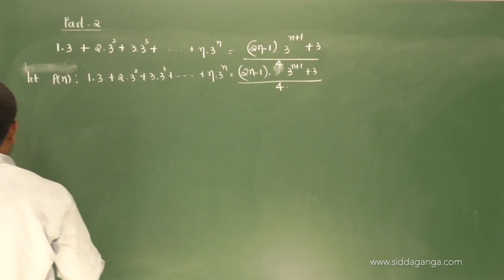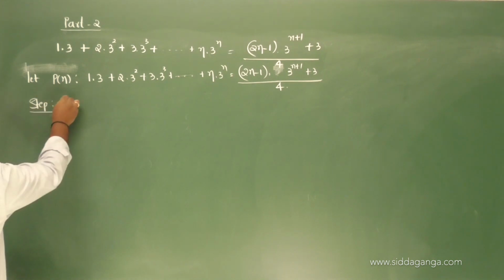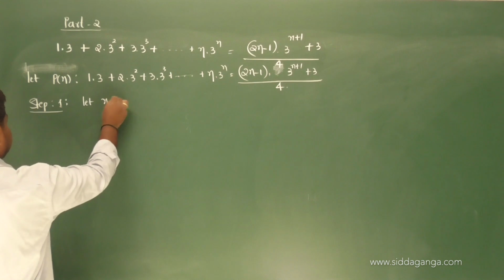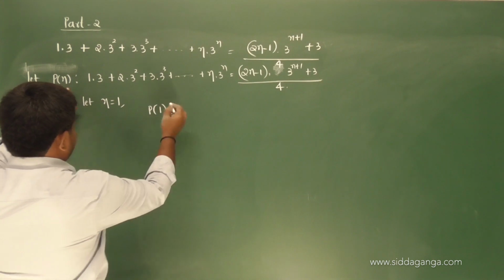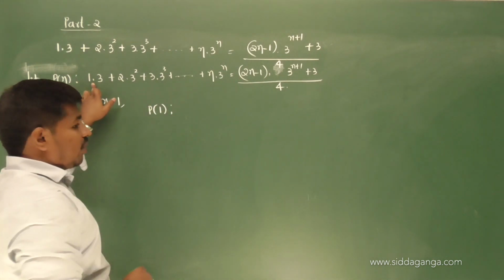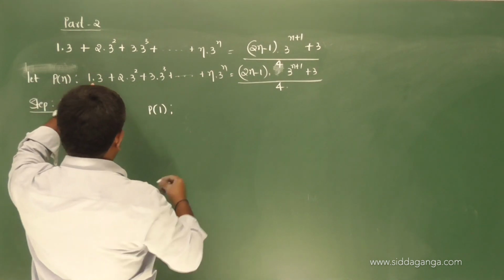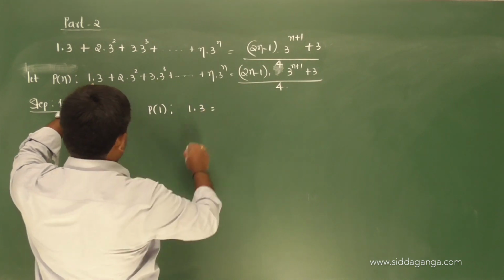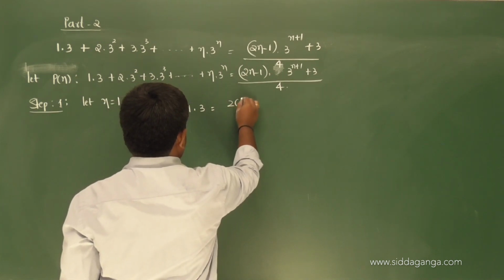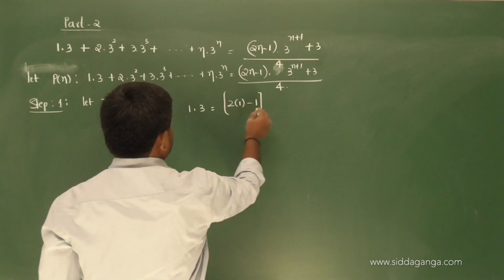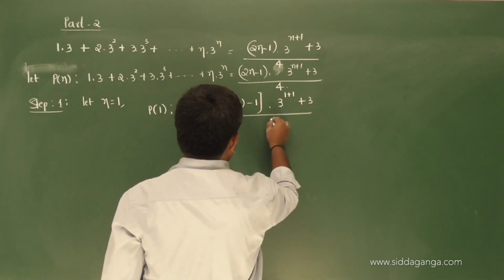Step 1 is proving P of 1 is true. Let n is equal to 1. P of 1 gives the sum of the first one term of the given series, that is 1 into 3 equal to, here also put n equal to 1, so 2 into 1 minus 1, into 3 power of 1 plus 1 plus 3, whole divided by 4.